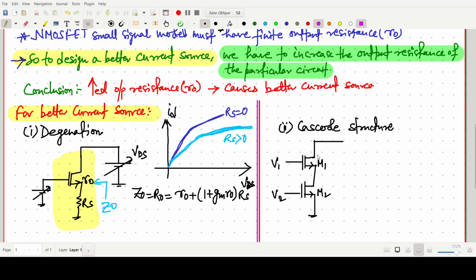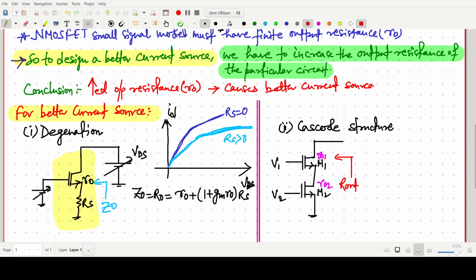I am writing R naught 1 as the output resistance of M1 and R naught 2 as the output resistance of M2. So overall, we have to find the R output.